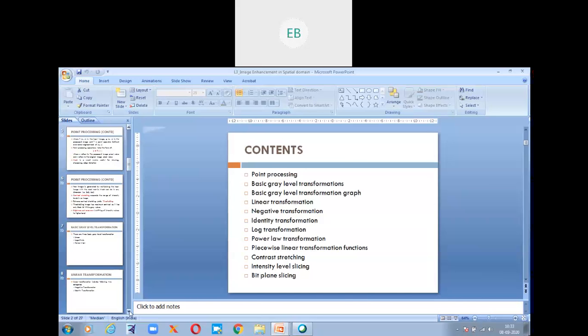Capital L? What is small s? What is small r?